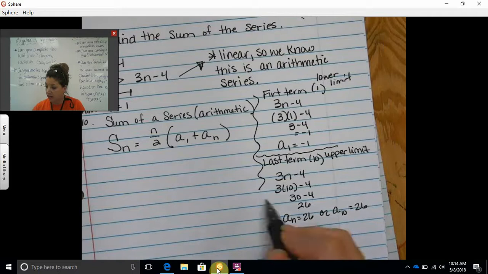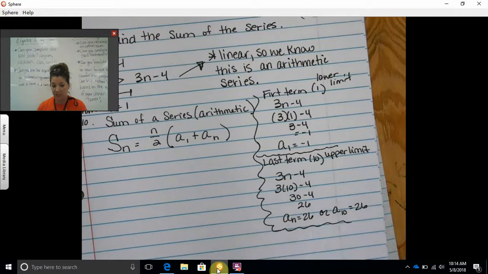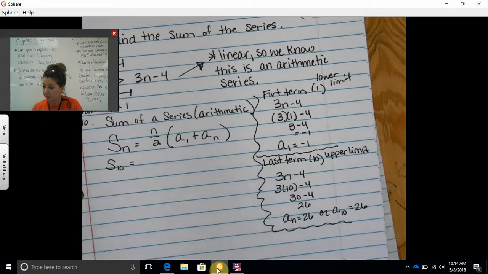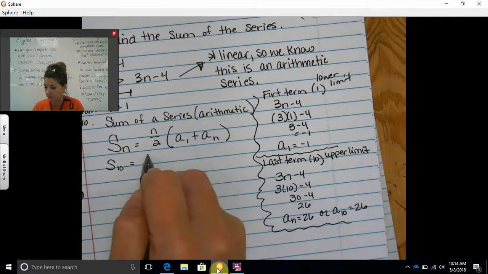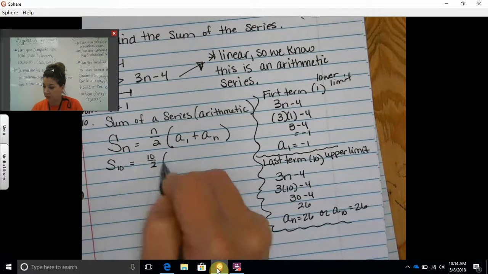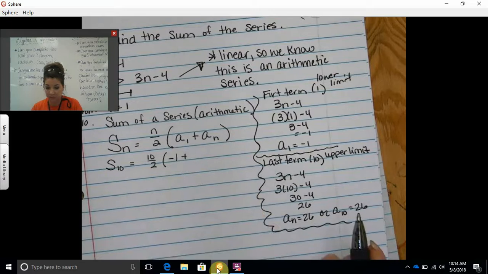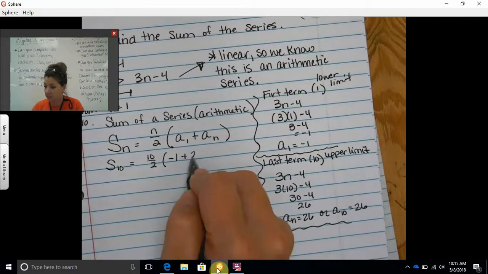So now I have all of the information that I need to find the sum of this series, the first term through the 10th term. So I'm looking for the sum of the first 10 terms. So now I know n is 10. My first term is -1 plus my last term, or my 10th term, is 26.